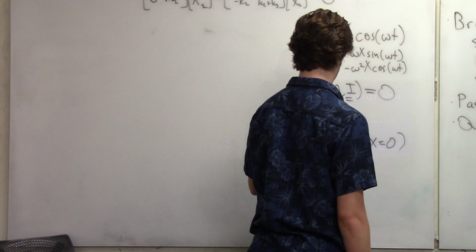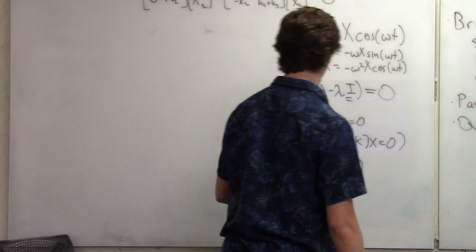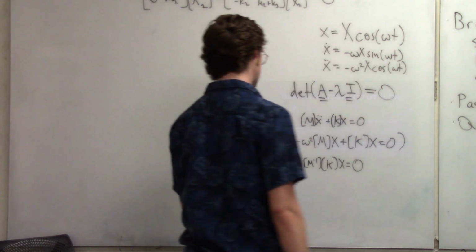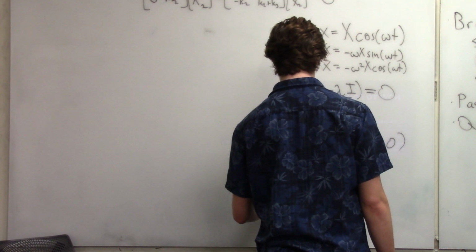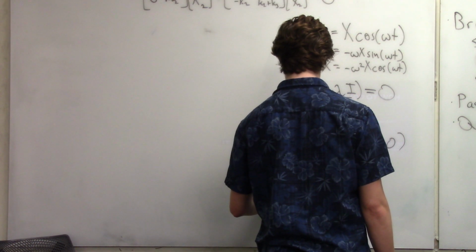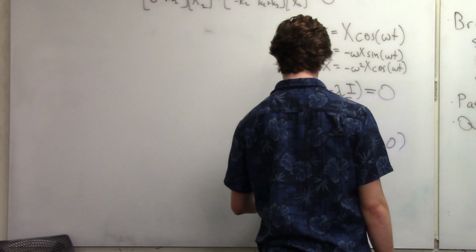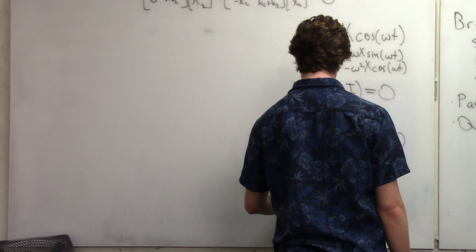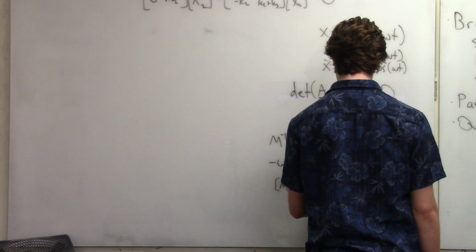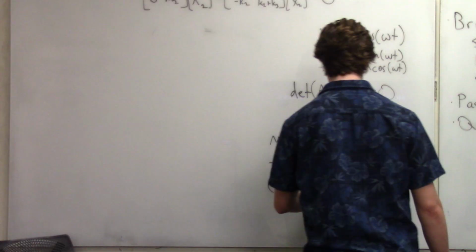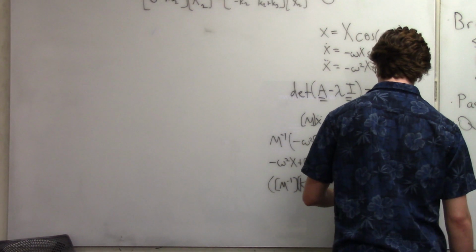I can factor out this X right here, and then now we have the eigenvalue problem. M inverse k minus omega squared I, all times X equals 0.